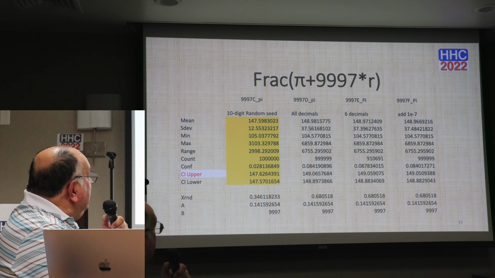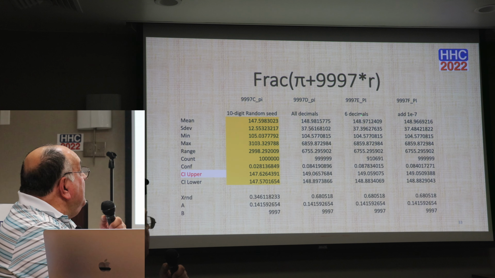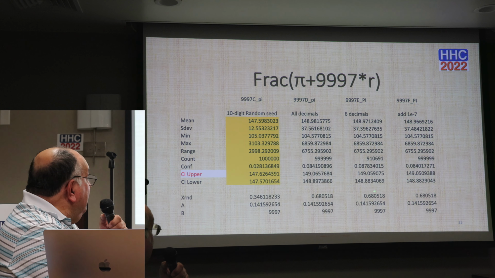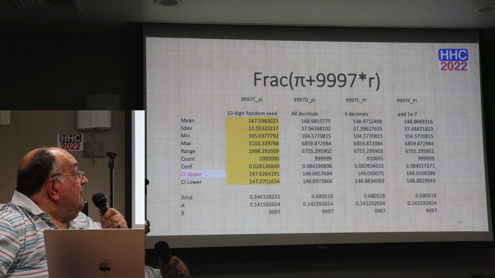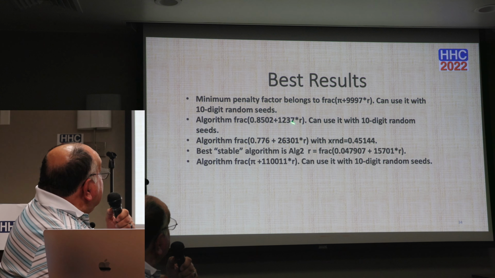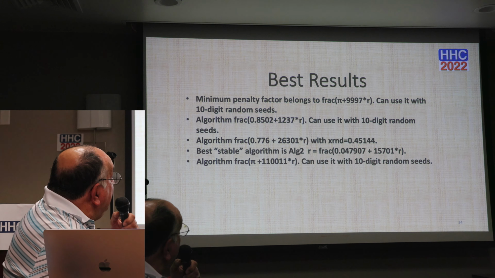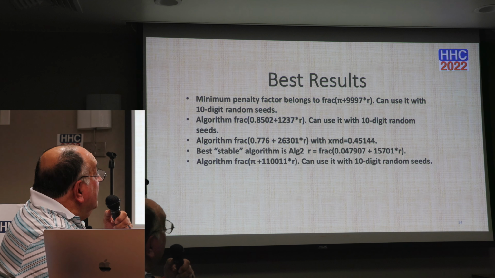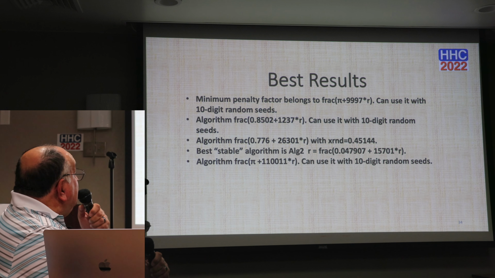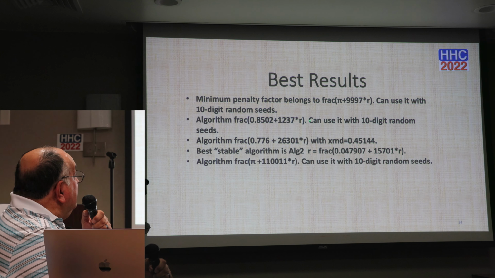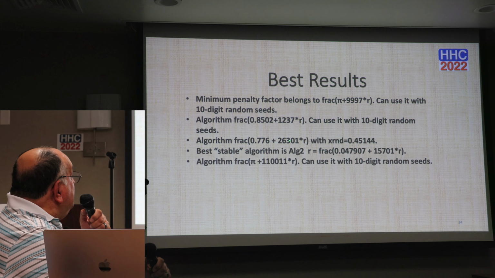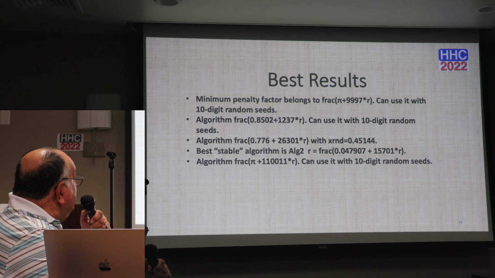And actually, I think while the other versions do comparable to the 997, the result with the minimum penalty factor belongs to pi plus 9997 times r. And you can use it with the 10-digit random seed. And this algorithm also, you can use it with the 10-digit random seed. This one, you can use it with this initial random seed.